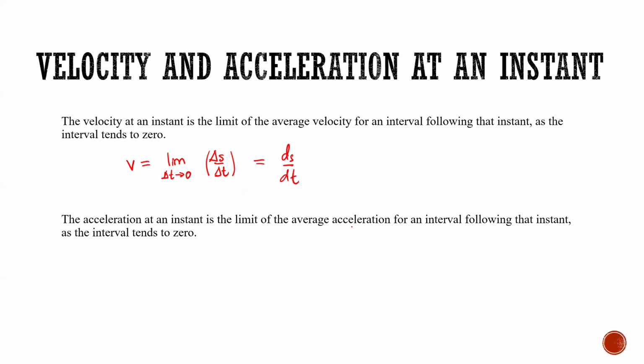Similarly, acceleration at an instant is defined as the limit of the average acceleration for an interval following that instant as the interval tends to 0. So here we're looking at the limit as delta t tends to 0 of the change in velocity, because acceleration is the rate of change of velocity, just as velocity is the rate of change of displacement.